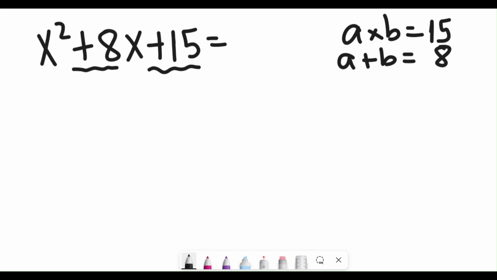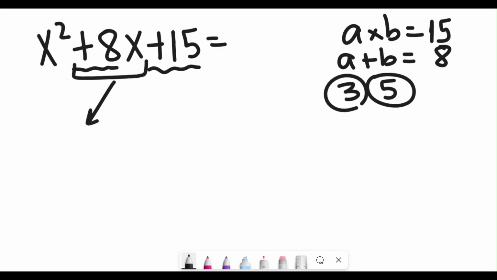We already know the numbers are 3 and 5. What that means to us is that we split the middle term. Instead of writing 8x, we write positive 3x and positive 5x. Right? Because positive 3 and positive 5 is positive 8. We did not change anything.